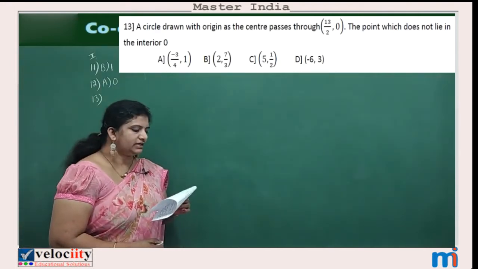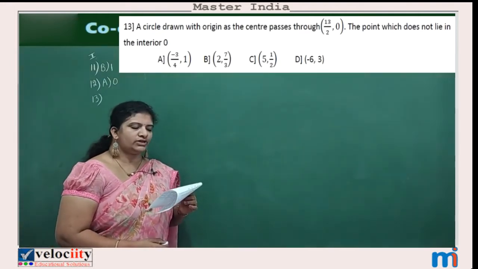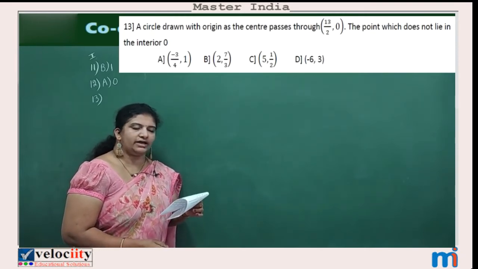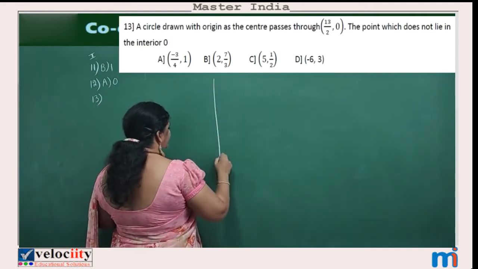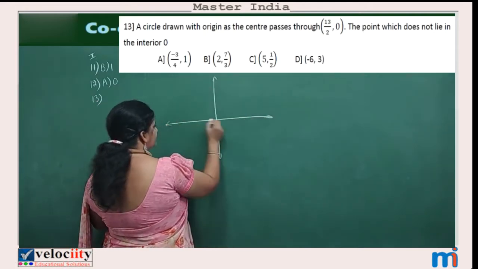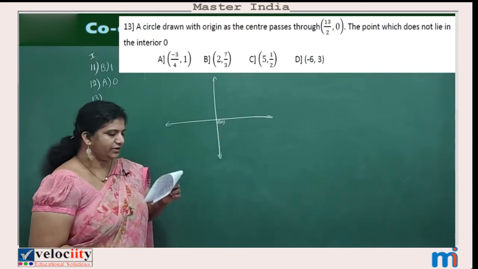13th one, a circle drawn with origin as the center passes through 13 by 2, 0. The point which does not lie in the interior of a circle. So, let me draw a Cartesian plane here. X-axis, Y-axis. This is the origin 0, 0.